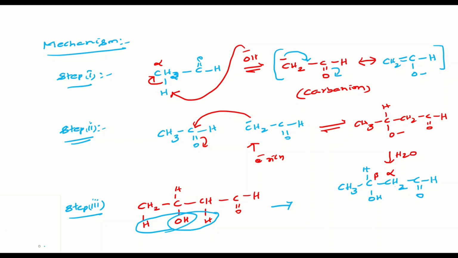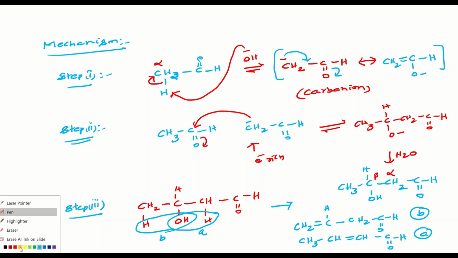For example, I'm going to call one A and the other B. In case of B, I end up with CH2 double bond CH, CH2, C double bond O H. This is the B product. If I eliminate on side A, CH3 CH double bond CH, C double bond O H, you get A. So don't get confused.